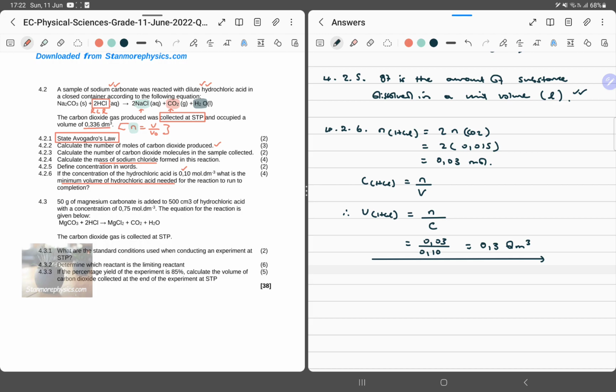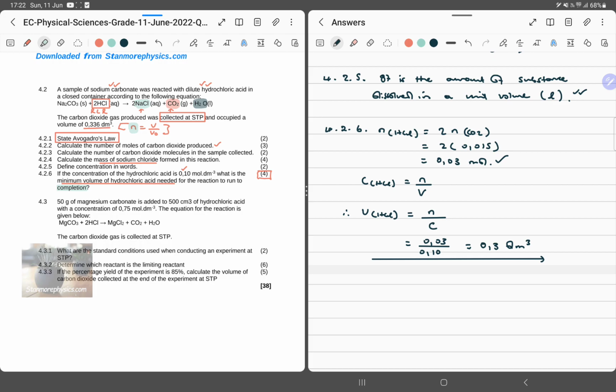So again, when you see 4 marks, you should already keep in mind that if you don't have a single formula that is a bit complicated, you are not going to escape the situation of having at least 2 situations considered. So what matters is finding the number of moles of HCl that have reacted in this scenario. Because once you talk of completion, it means that hydrochloric acid must be gone.